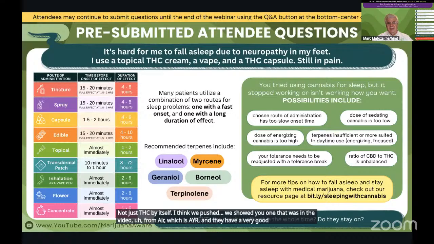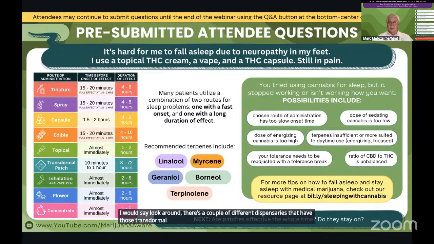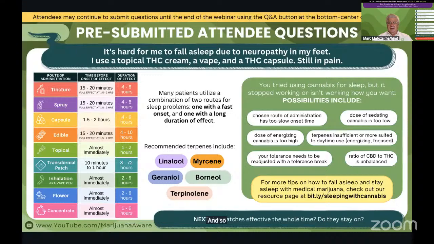It also has CBD as well as THC in it. If you want to look at a transdermal product, I would say look around. There are a couple of different dispensaries that have those transdermal products, one of them being Move and another one being Cetera. They have transdermal patches that have THC as well as CBD. Because CBD is going to help you quite a bit to be able to fall asleep.